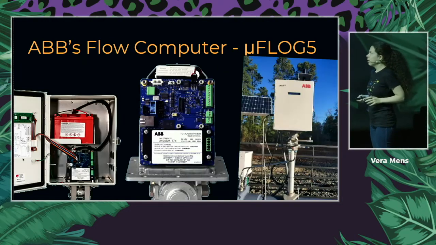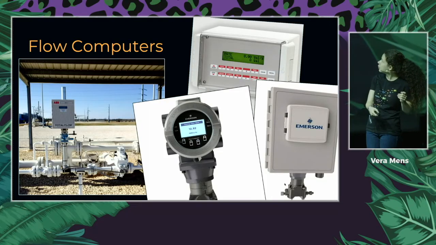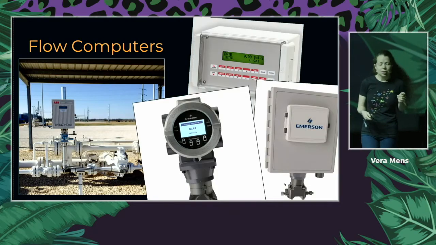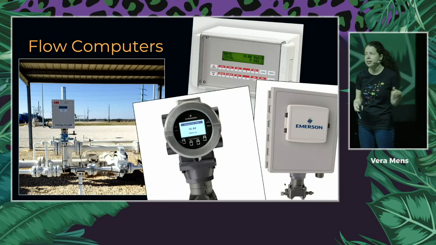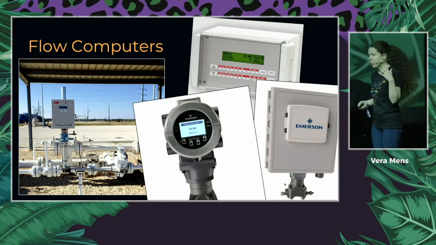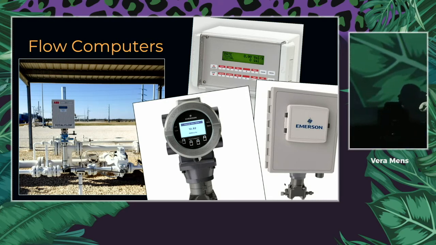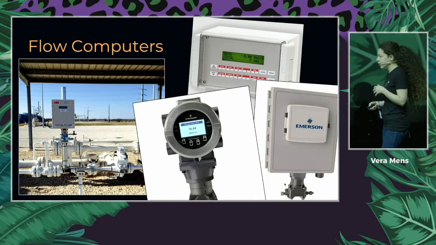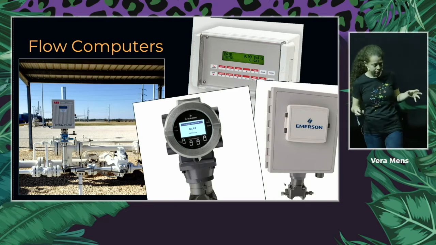Flow computers come in various shapes and sizes, and they can be mounted on the wall or on the pipe, as we can see here. Messing with those computers is a pretty big deal.